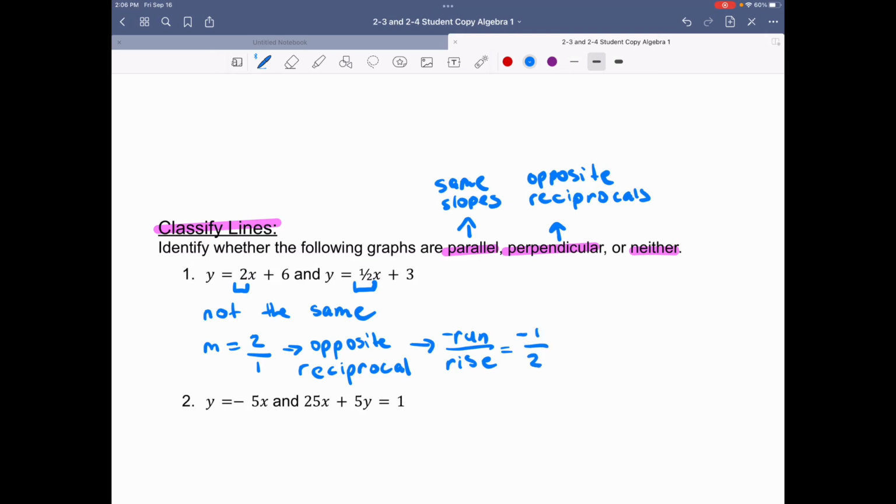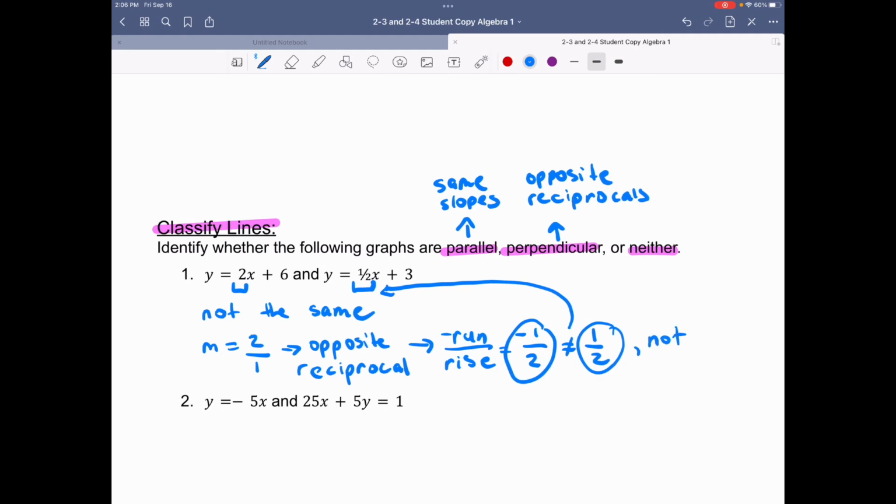And this is not the same. It does not equal this slope right here for our second line, because the opposite reciprocal needs to be a negative 1 over 2 and not a positive 1 over 2. So they're not perpendicular. And they are not parallel. So it's neither.